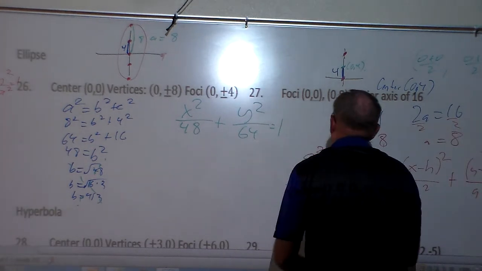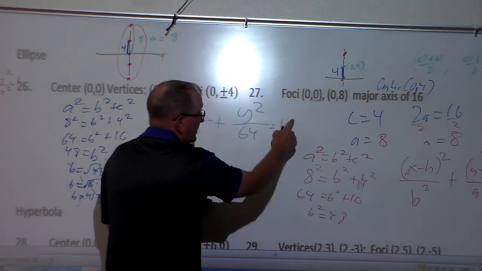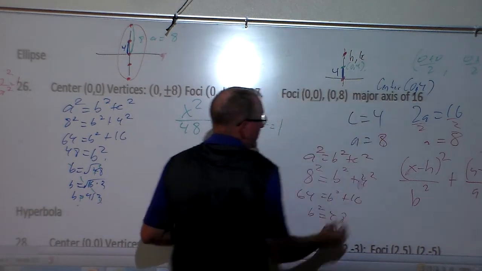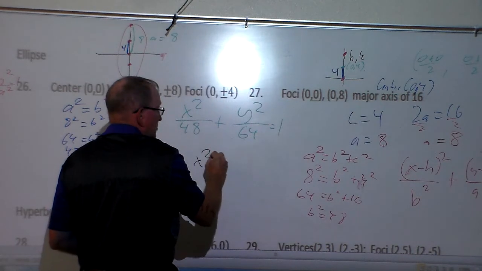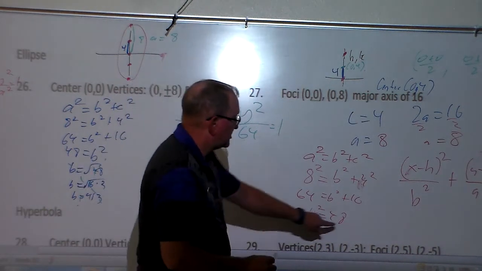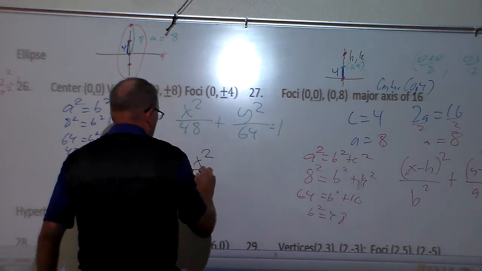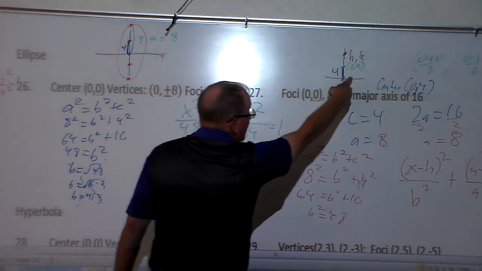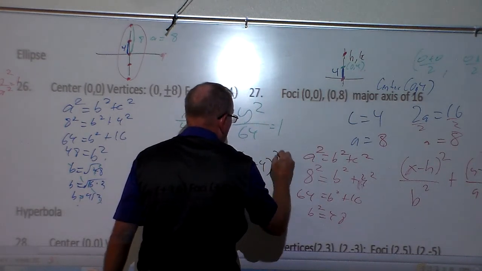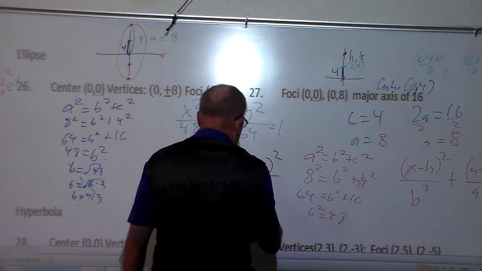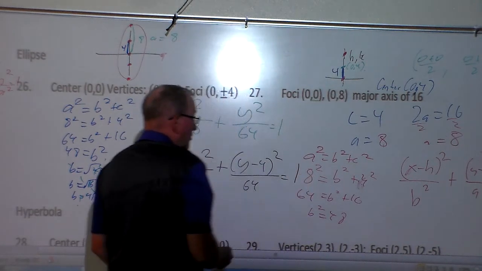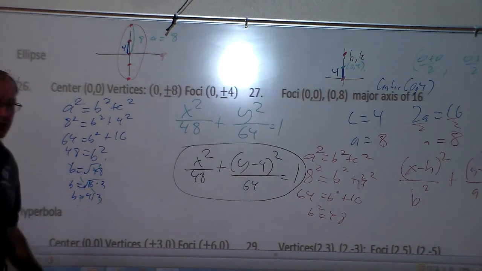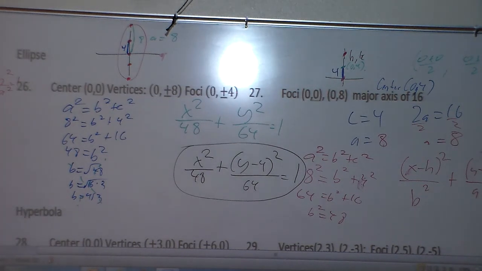Your final answer will be the following: x minus h, notice h is 0 and k is 4. So I will have x squared over B squared, which is 48, plus y minus 4 squared over the A value of 64, all equals 1. There, I just wrote the formula for the ellipse.